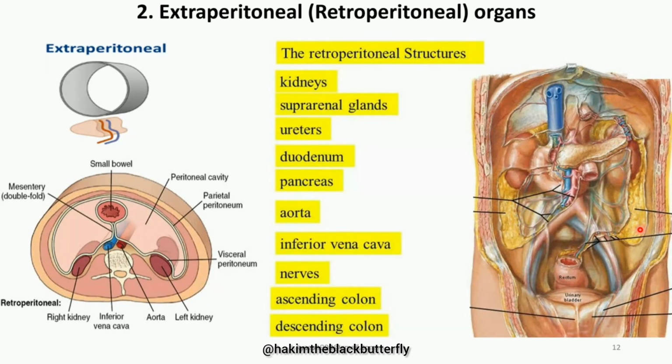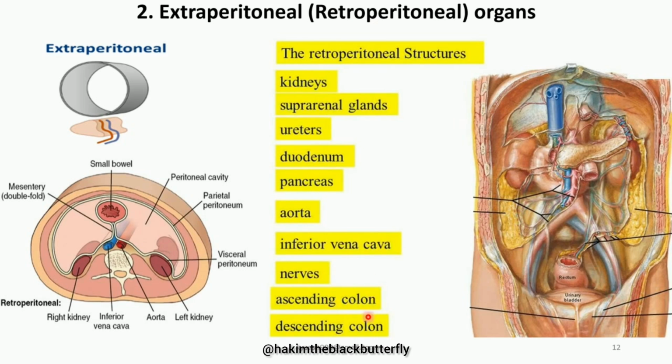I just didn't want to go into depth of that, but yes, you can categorize this into 2. We have the primary retroperitoneal structures. Those are the structures that are situated behind the parietal peritoneum during development and after the embryological development. The kidneys, the blood vessels, the adrenal glands, the ureters, those are primary retroperitoneal structures.